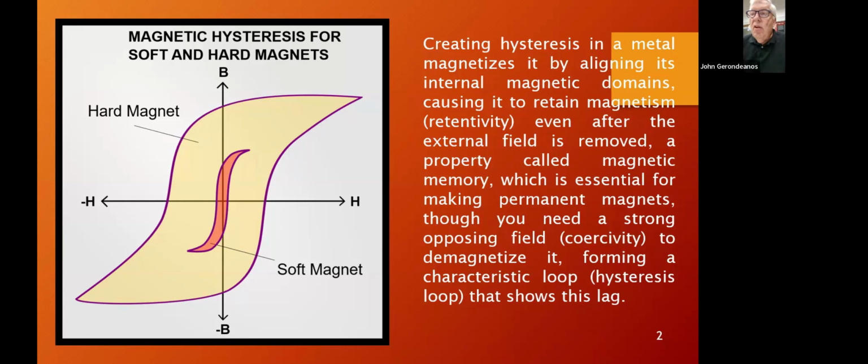And by applying a strong magnetic field, we can make these domains orientate themselves. And in a metal with a high hysteresis, when the magnetic field disappears, these magnetic domains remain aligned, and the material then shows magnetic properties and it acts like a magnet.